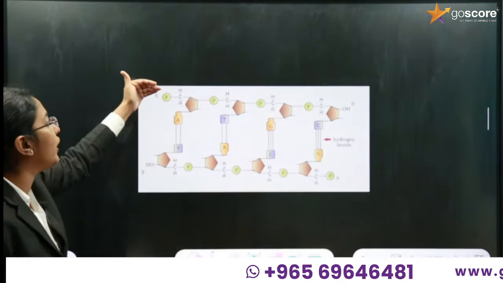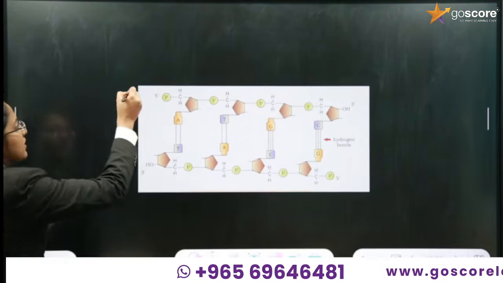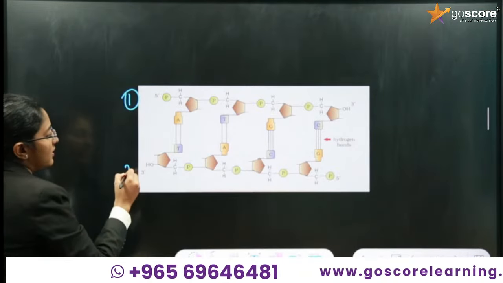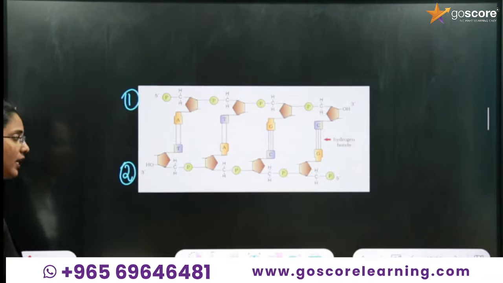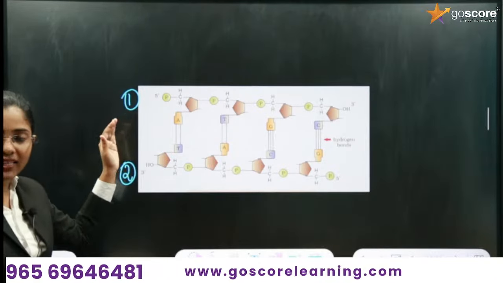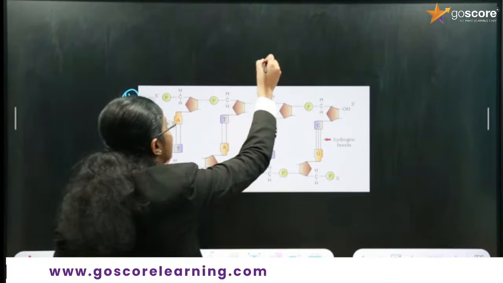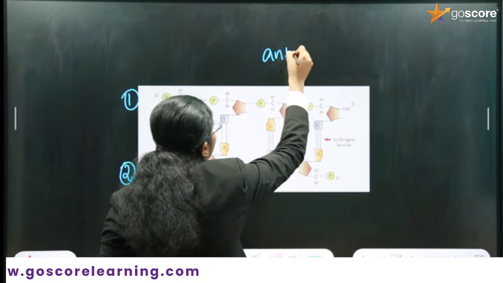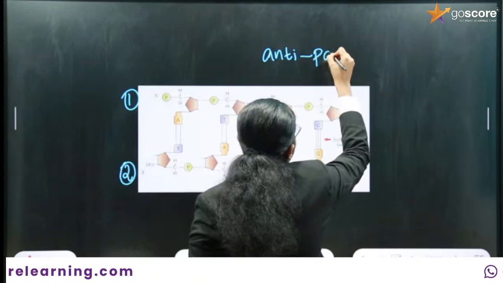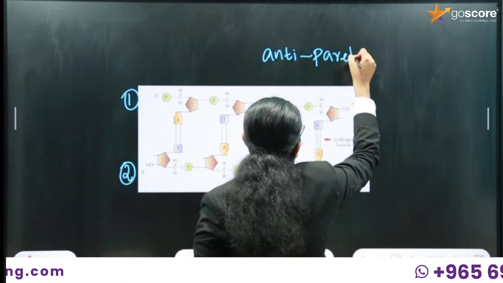Thus, if two polynucleotides are present, this is the first polynucleotide and this is the second polynucleotide. The first and the second polynucleotide are arranged anti-parallelly. Not parallelly, they are arranged anti-parallel.